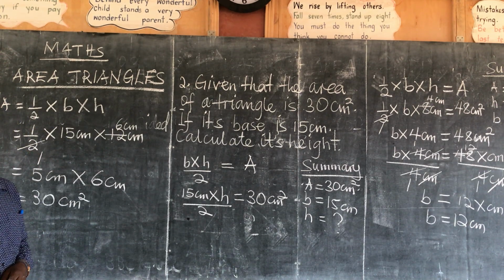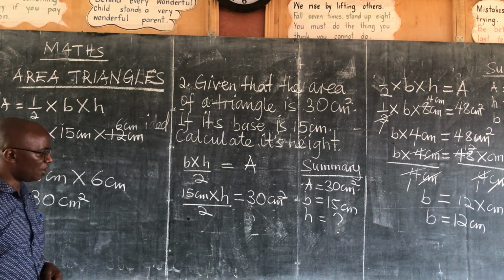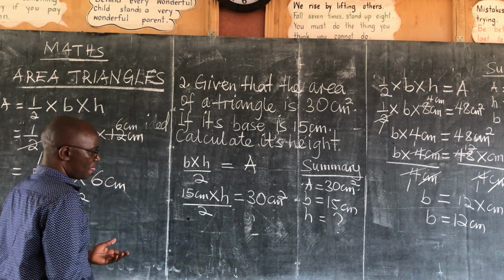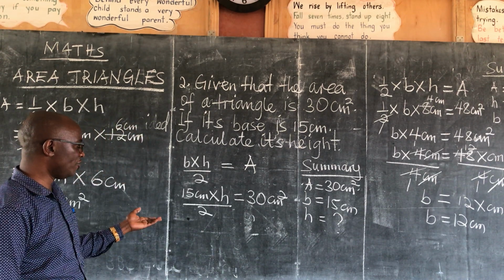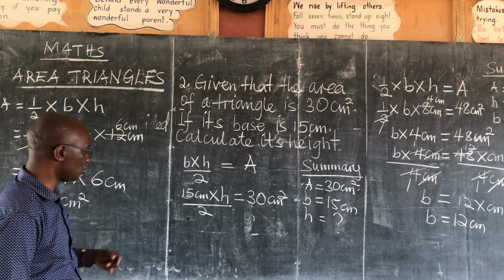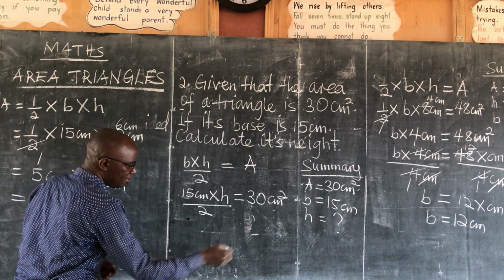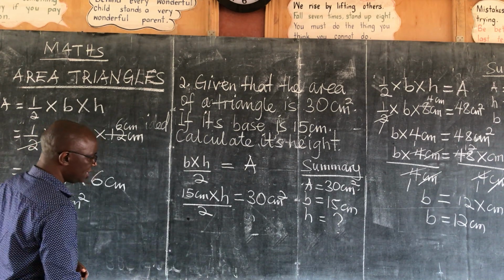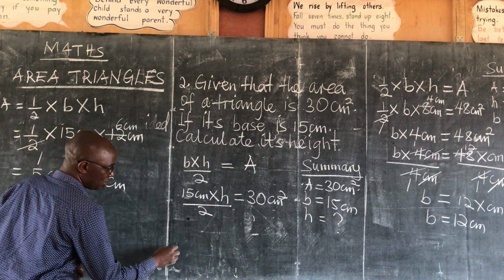I think you agree with me. So now you realize that you have to eliminate the fraction. The LCD is 2, so you are going to multiply both sides by 2.